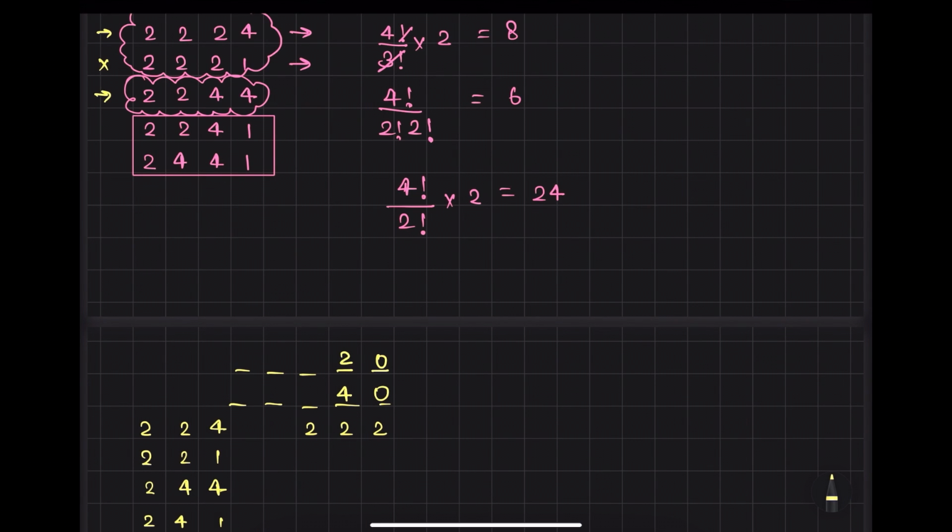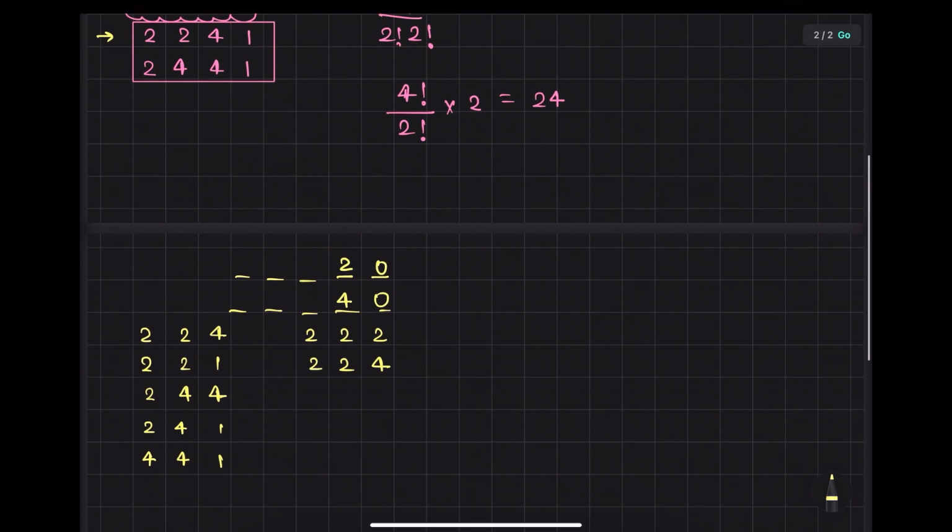For this case you will be using 2, 2 and 4. For this case, 2, 2 and 1. And for this case, 2, 4 and 1.